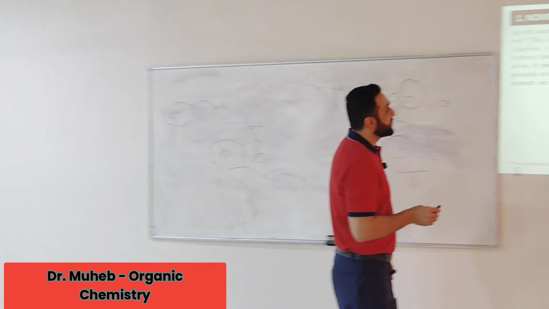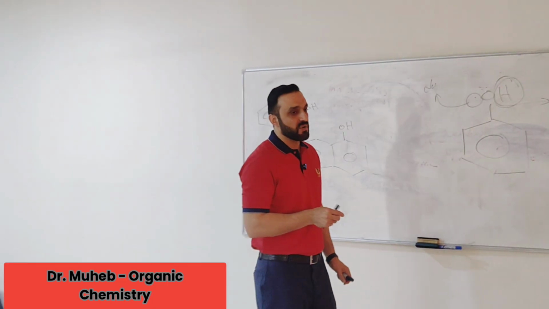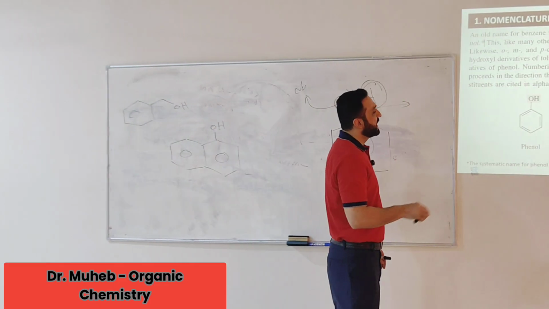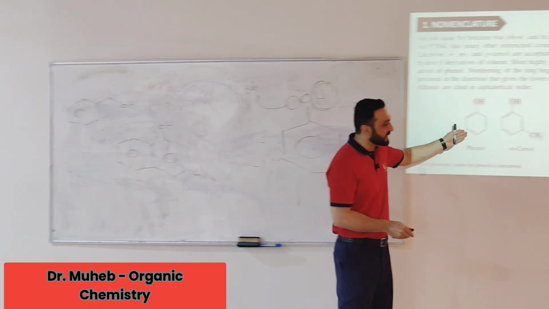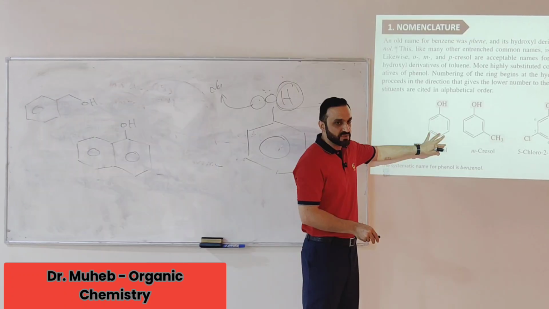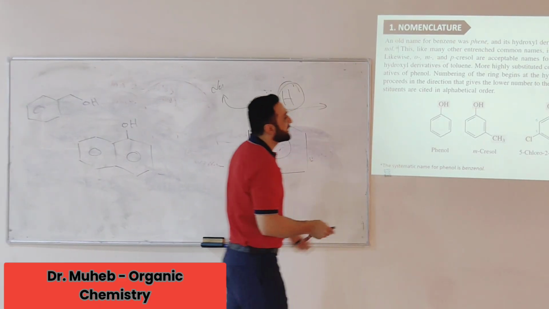Okay. So, like many other compounds, we have our IUPAC system, and we always go with the IUPAC system to name compounds. Also, we have common names, but if you use the IUPAC system, it is better for you.